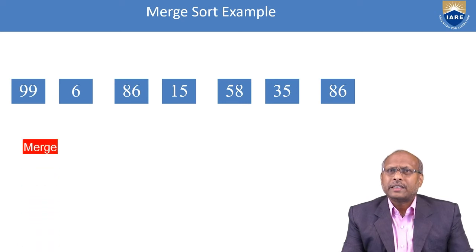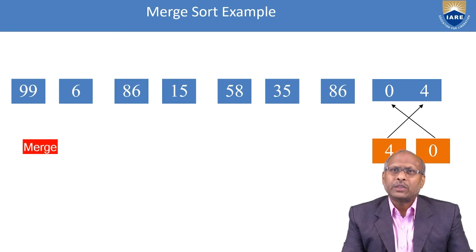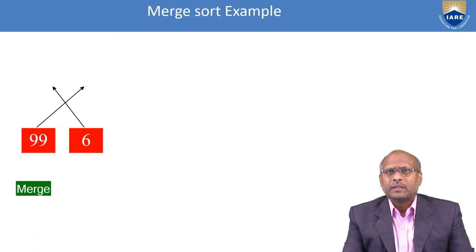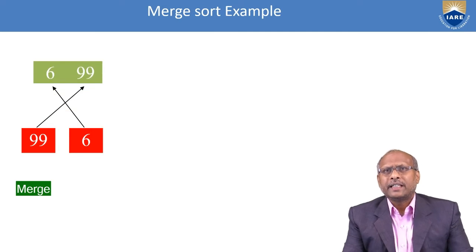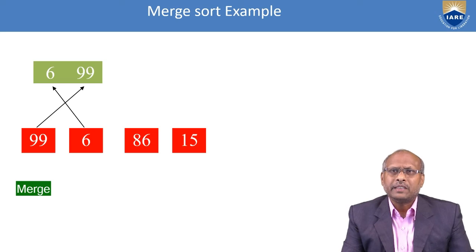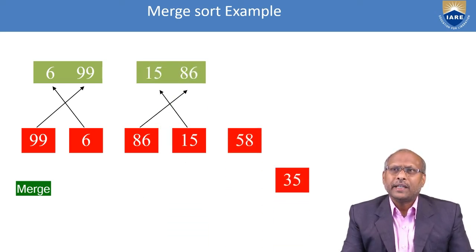Now trying to do merging. While merging, both must belong to the same parent. You can observe here 6, 99 because it comes into order. 86 and 15 means 15 comes first and then 86. 58 and 35.